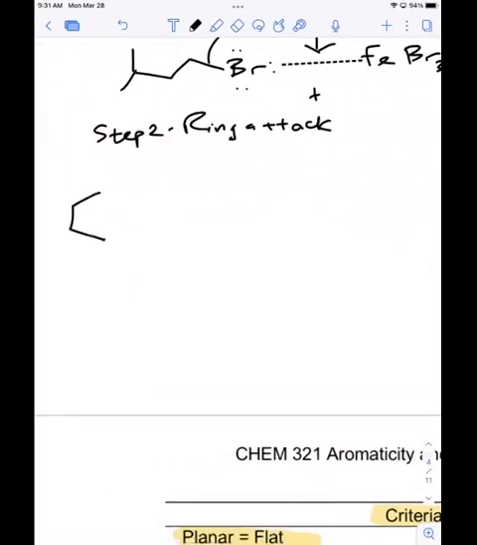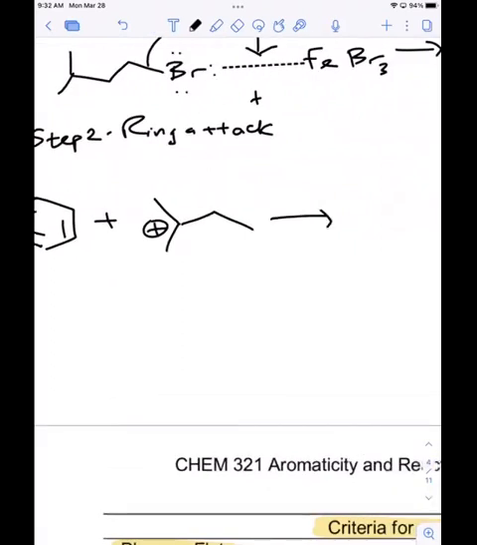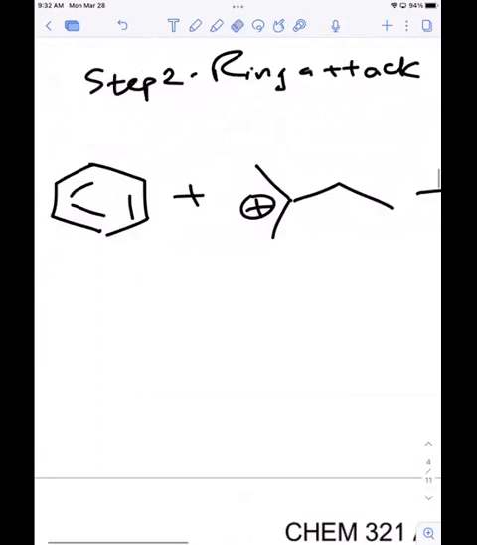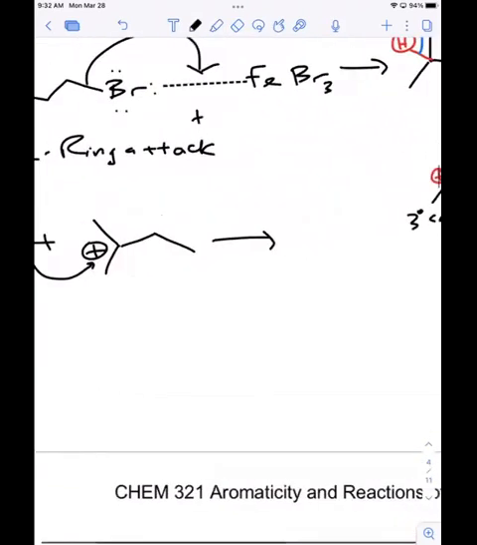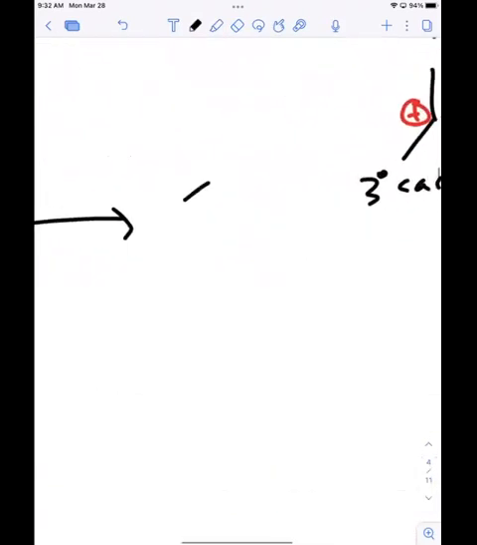So I'm going to have my ring here, carbocation here. Is anything going to change here? Anything new happening? No. Any rocket science going on? No. Same exact mechanism. The ring is going to attack, and you get this arenium ion intermediate.